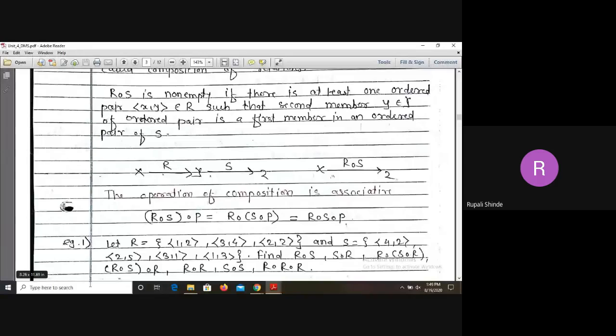First of all, find the value for R composition R. Here both the relations are the same, that is, we have to take composition of relation R with R itself. So you have to consider relation R twice. Take 2 minutes and find what is the value for R composition R.